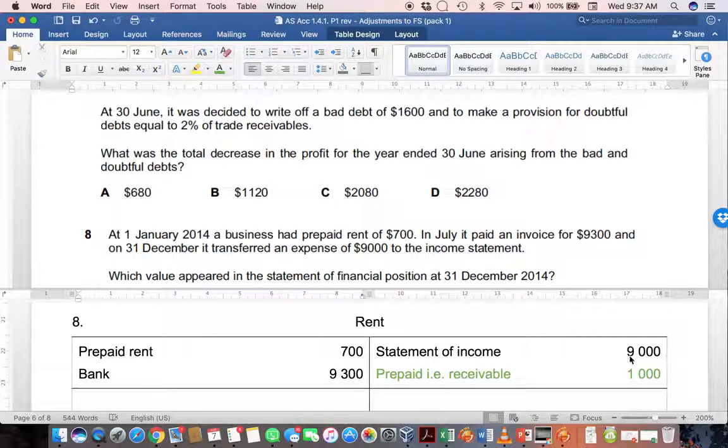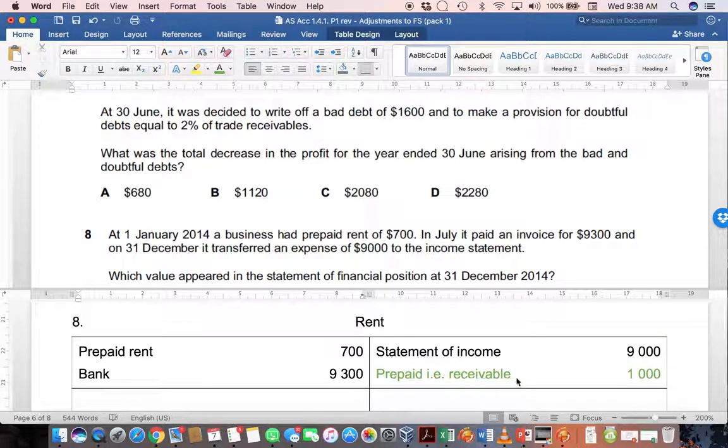That means that I've got a missing figure here of $1,000. So you work out $1,000 as your missing figure. And hopefully the fact that it is shown on this side here is indicating that you are trying to reduce your rent expense. In other words, it was prepaid or receivable.